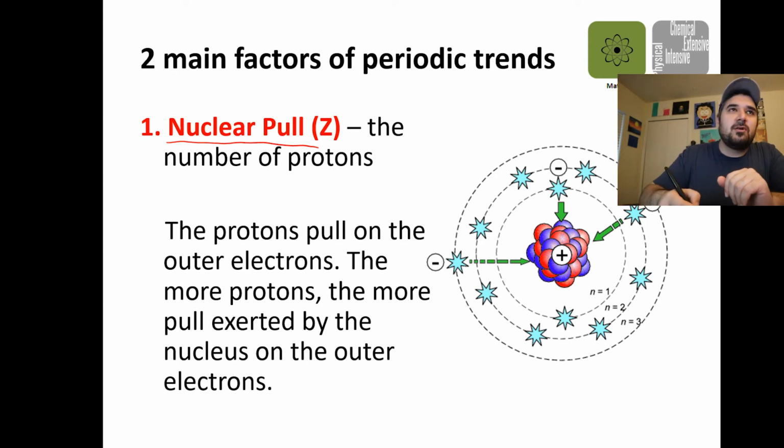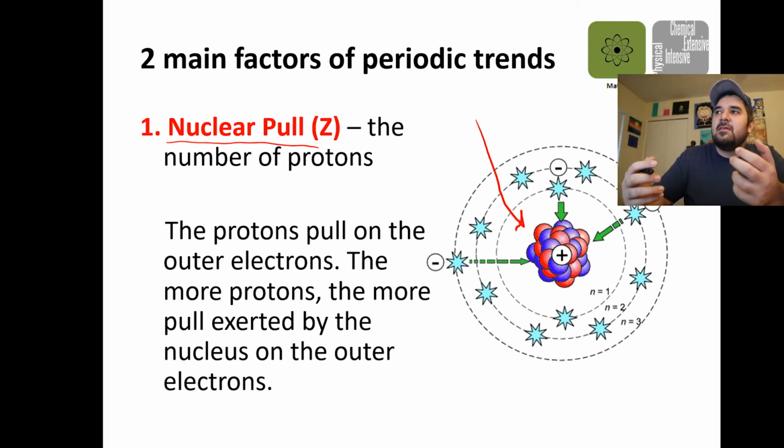So it says nuclear pull. The way I like to think about it is electromagnetic pull. Here we have a positive charge and here we have a negative charge, and the positive charge pulls the negative charge to it. The nucleus, which is positively charged because it has protons and neutrons (neutrons have no charge), attracts the electrons in the outer shell.